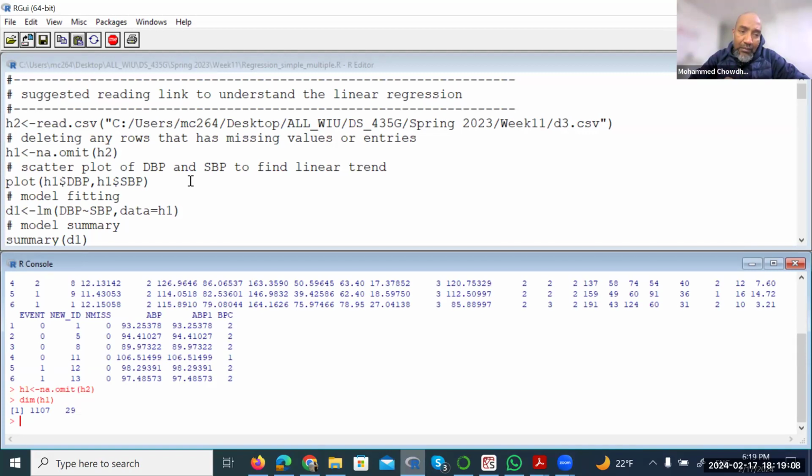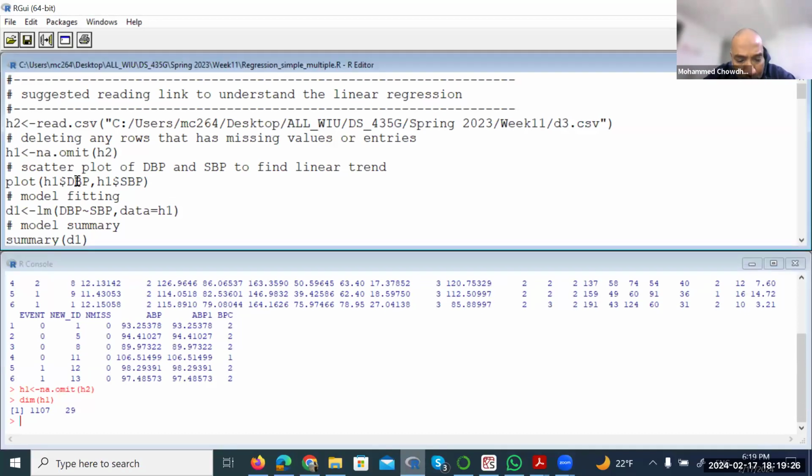So for high blood pressure, both of the readings should be high, and it is known as hypertension. For low blood pressure, both of the readings of SBP and DBP should be low, and it is known as hypotension. Okay. So now we want to take a look at the scatter plot of the SBP and DBP.